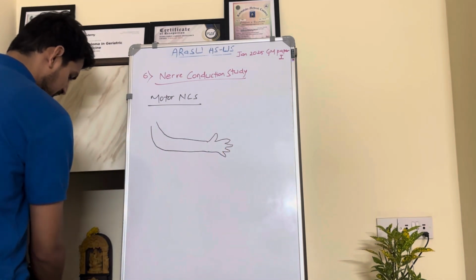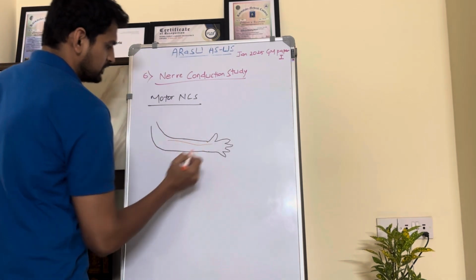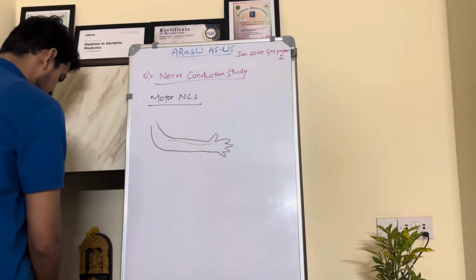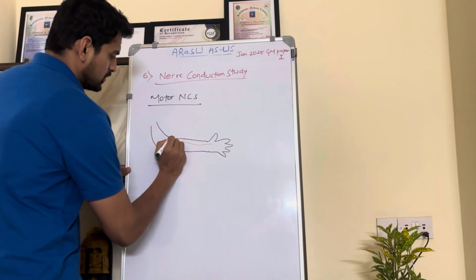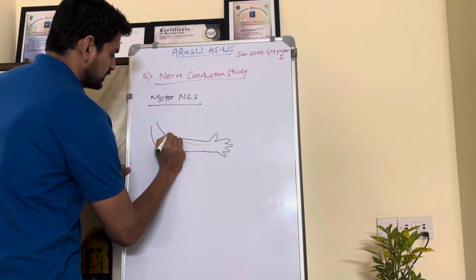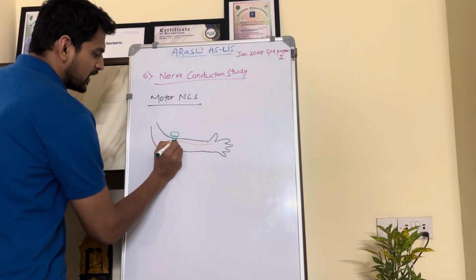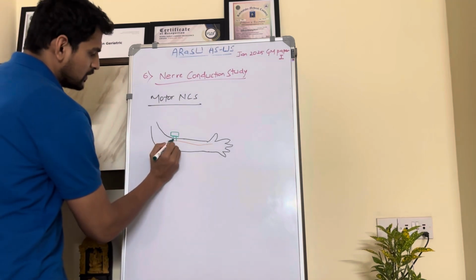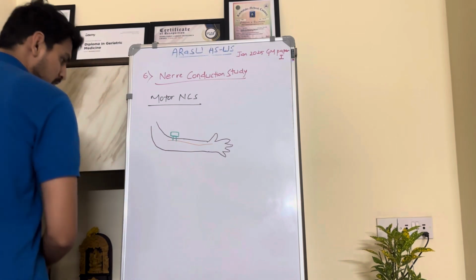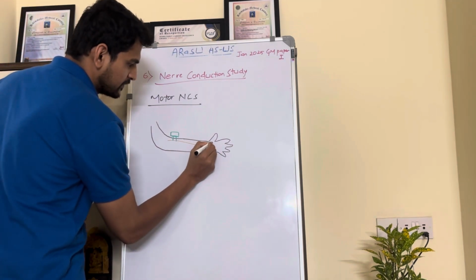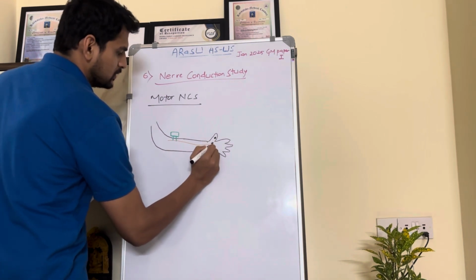Over the preferred nerve they will place the stimulator, which has anode and cathode poles. Then there will be recording electrodes over the particular muscle, and one reference electrode, and one more neutral electrode.